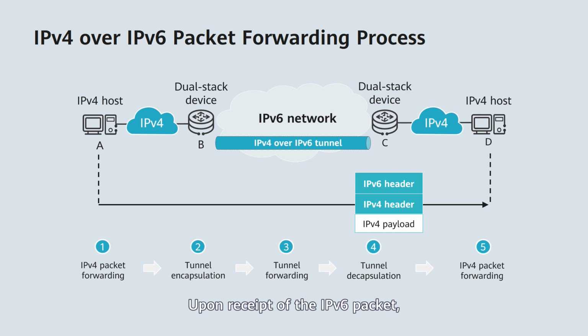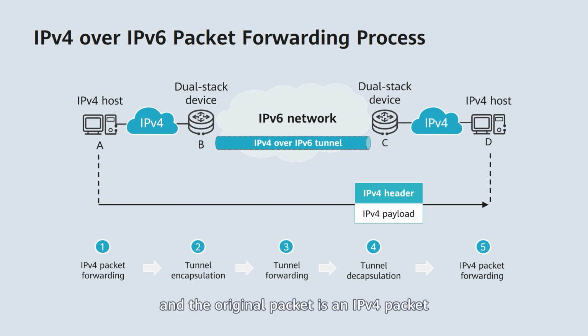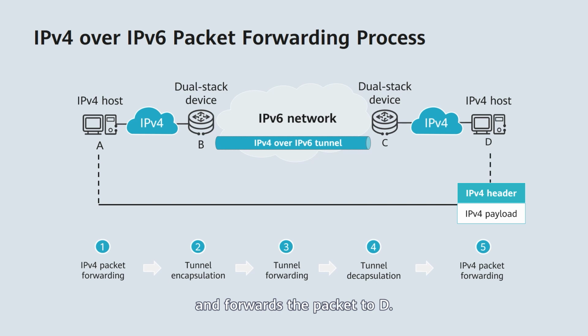Upon receipt of the IPv6 packet, C discovers that the destination address is its own address, and the original packet is an IPv4 packet based on the next header field. It then decapsulates the IPv6 packet by removing the IPv6 header based on the version field. Fifth, IPv4 packet forwarding. C searches its IPv4 routing table for an entry matching the destination address of the IPv4 packet and forwards the packet to D.